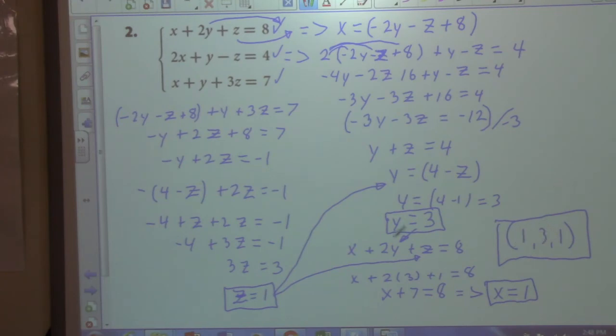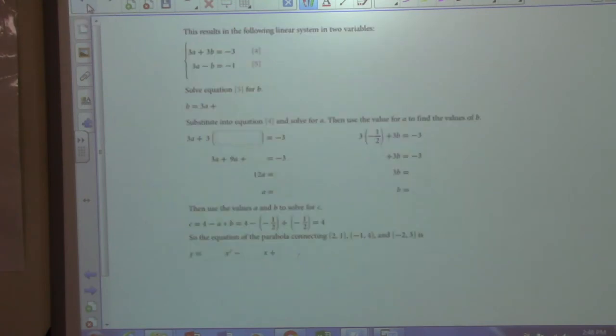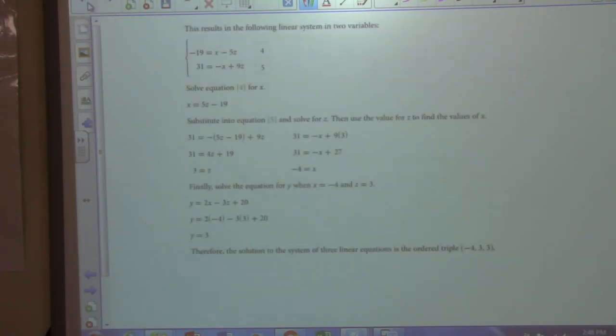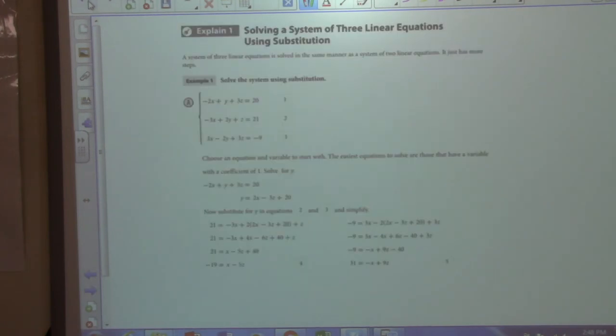Yes, sir. If z equals 1 and x equals 1, why are they different letters? Okay, Ben asked a question, if x equals 1 and z equals 1, why are they different letters? What I'm going to do is try to demonstrate that over here.